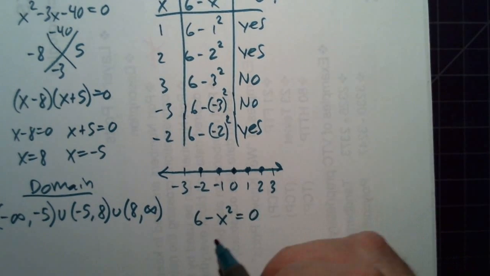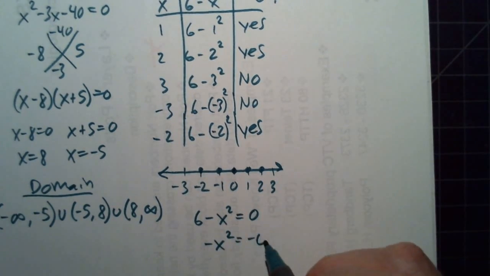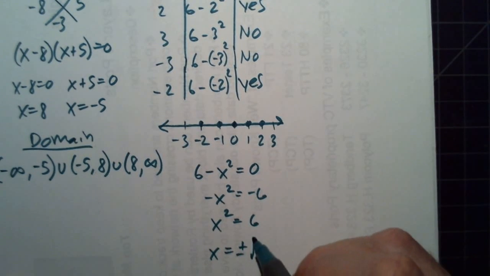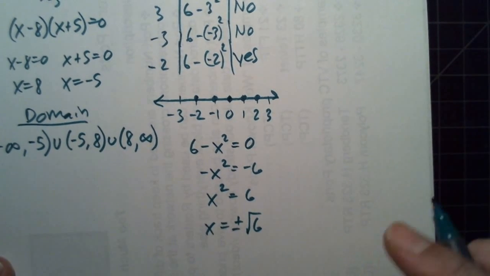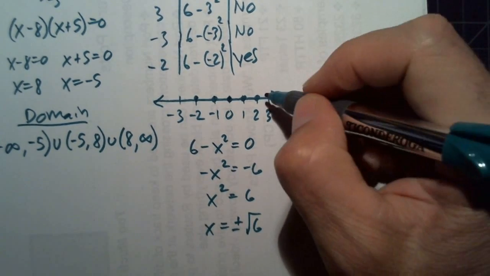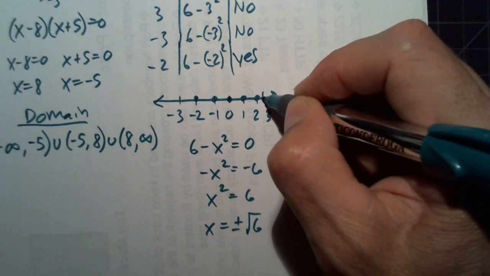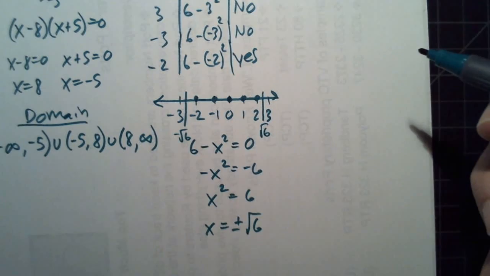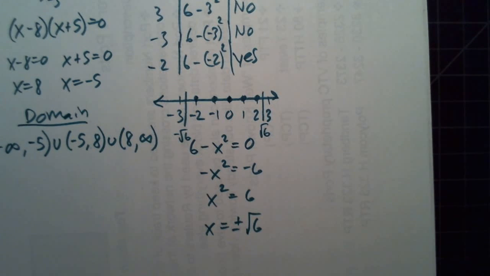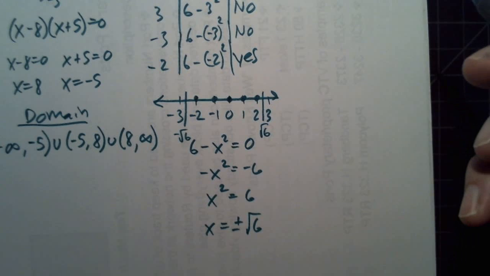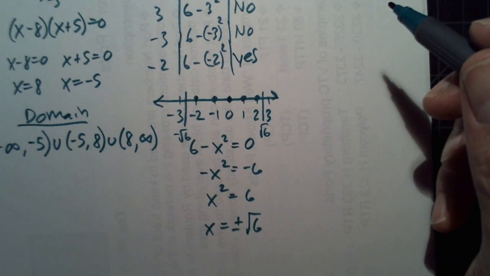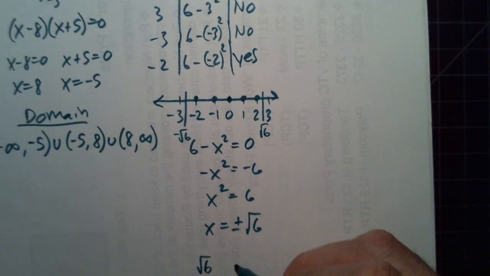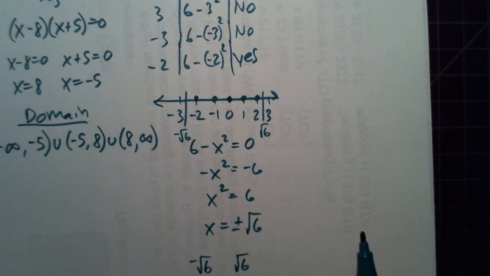equal 0? So we can solve this, and we have x equals positive or negative radical 6. So radical 6 must be between 2 and 3, so that means here at positive radical 6, over here at negative radical 6, those are the endpoints of the interval that is the domain, and we have to consider, should we include negative radical 6 and radical 6 in the interval?